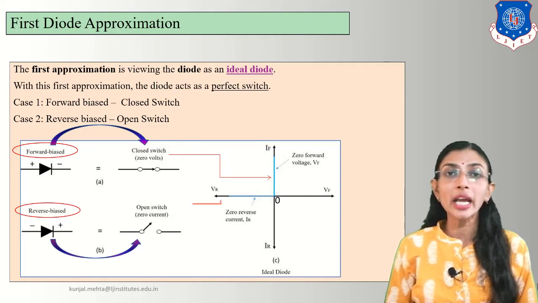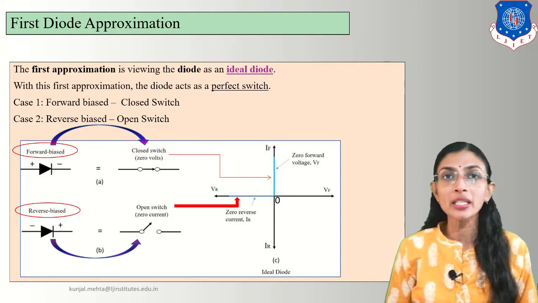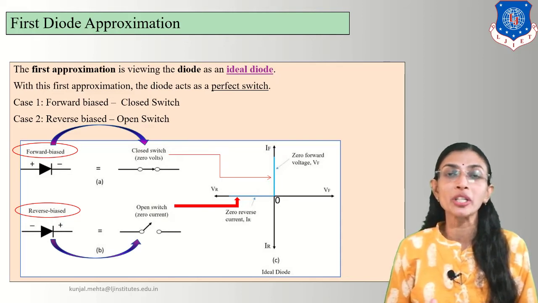Thus, this is the graphical representation of the two cases, forward bias and reverse bias connection of the diode. When the diode is connected in forward bias, you get zero resistance and maximum current in the graph at zero forward voltage, right? And when the diode is connected in reverse bias condition, the diode acts as an open switch, that means the current is zero even though the reverse voltage increases.